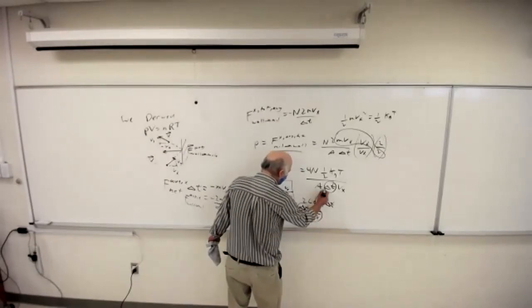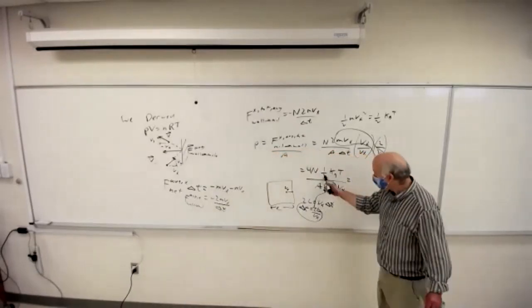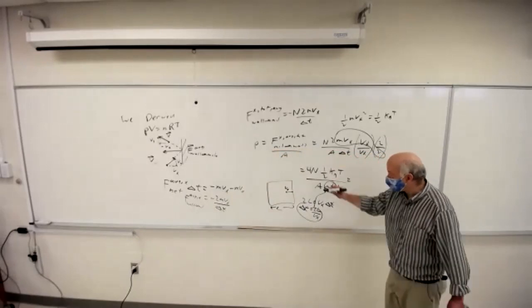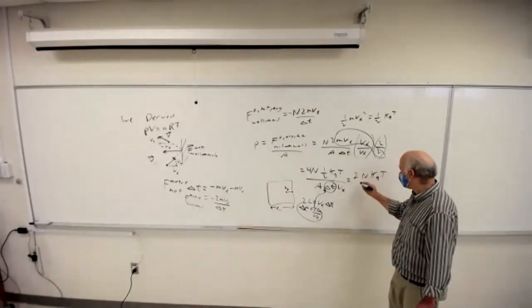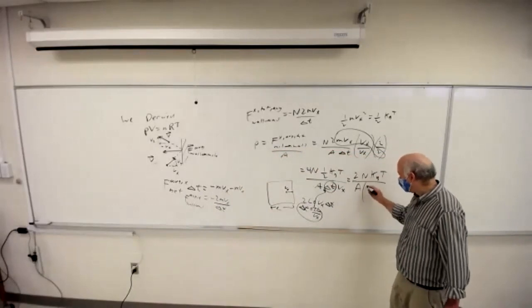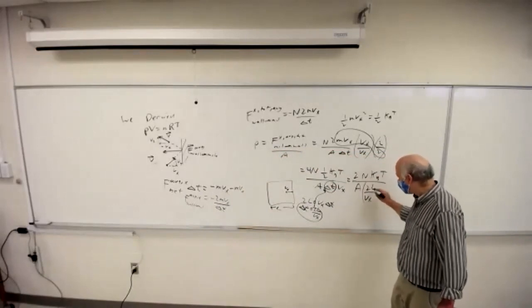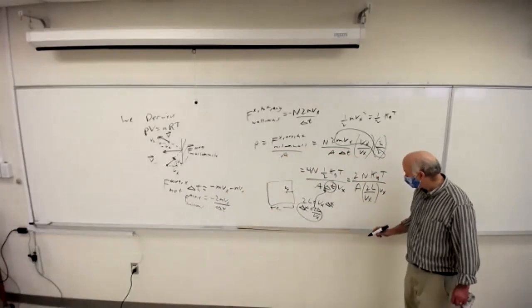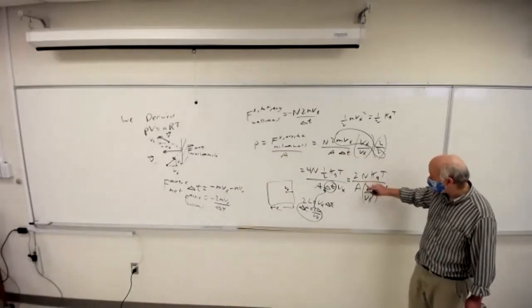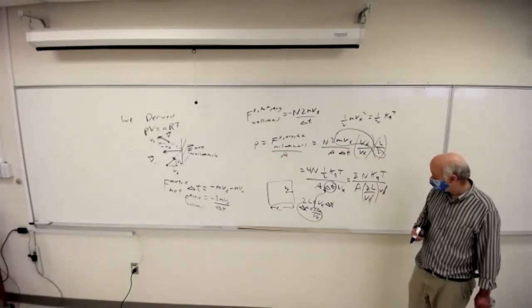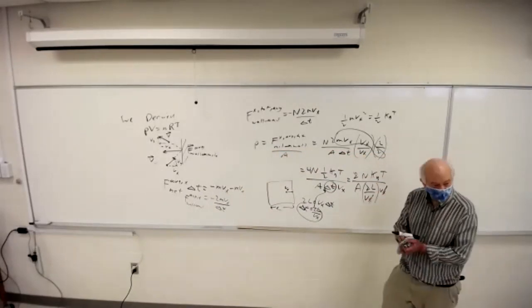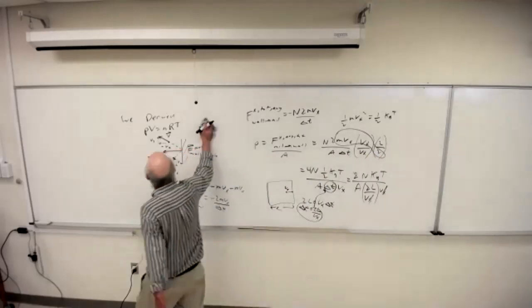We took that, put it in here. That 2 cancels one of the 2s. So we get this A, 2L, Vx over Vx. Those Vx's cancel, that 2 cancels. A times L is the volume.